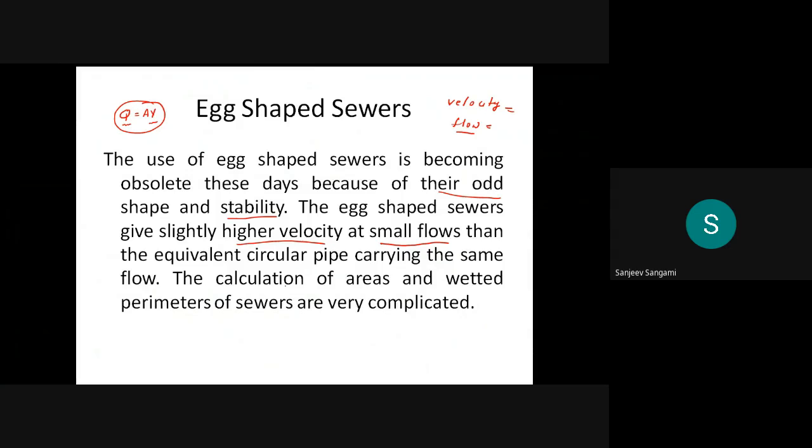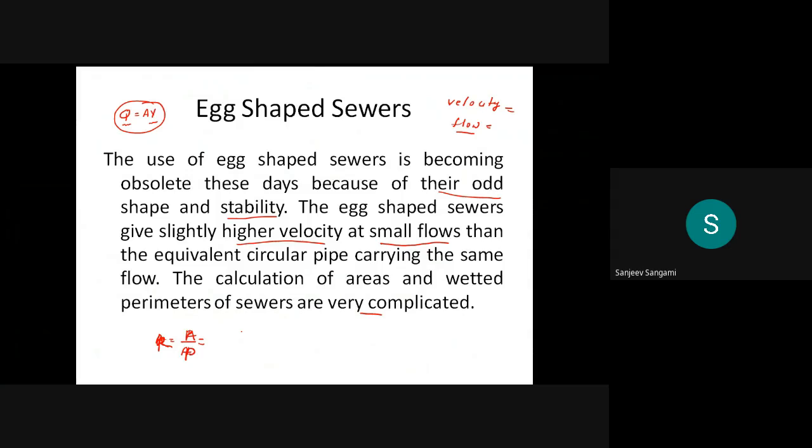The calculation of the areas and wetted perimeters of the egg-shaped sewers is more complicated than what we were using for the circular shapes. We already studied that for a circular pipe, R is equal to A by P, the wetted area divided by the wetted perimeter. R is the hydraulic mean depth.